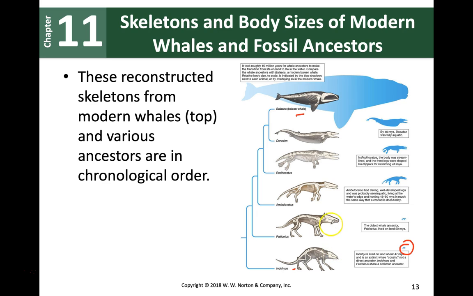If you see here, you can see how there have been small changes. Especially look at the limbs. You see how this was a land animal who could walk on land, and then you can see the limbs are getting shorter and shorter, and see how much this one actually looks like a crocodile. And then you keep going further, and you see the limbs are going away, and then you have these whales which still have the limb, you can see, but it's not being used to walk, but instead to swim.